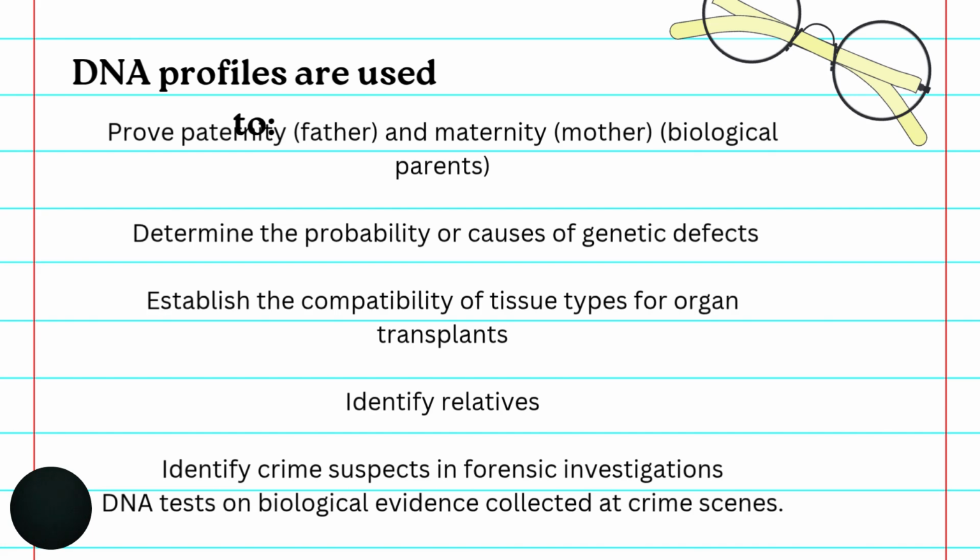Also, it is used to test for the probability or causes of genetic defects. So maybe you are pregnant, you're about to have a baby. When you go to your clinic checkups, they will take your blood and ask if you want to check if your baby has a possibility of having Down syndrome.